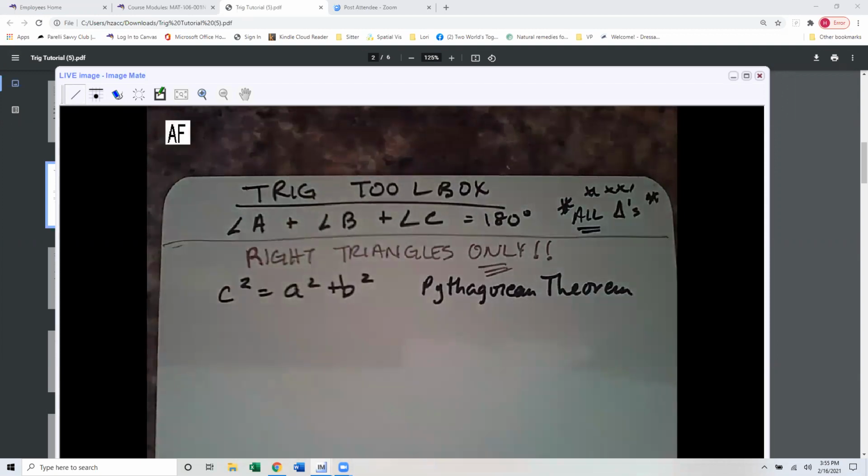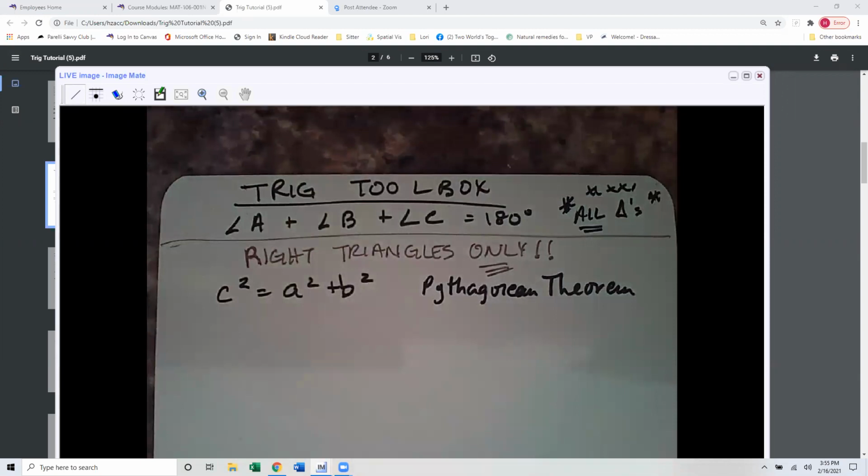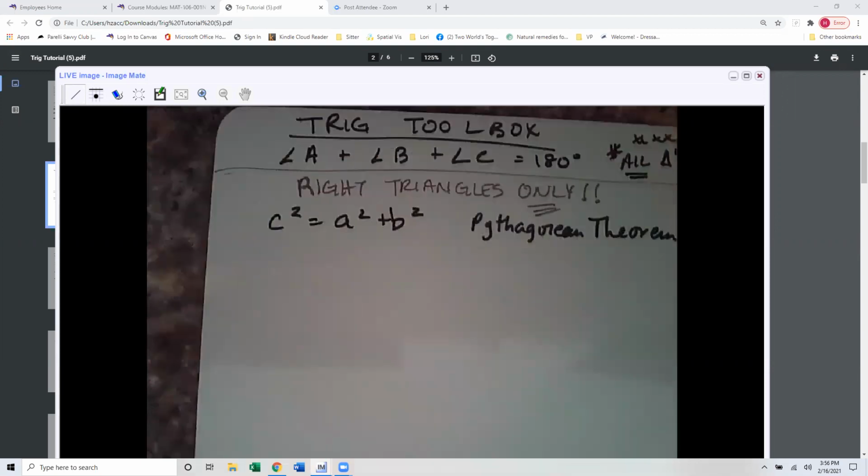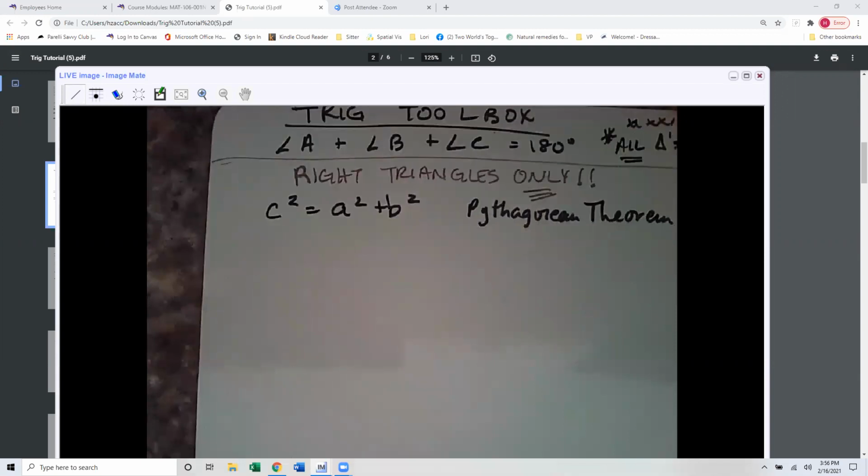Okay, so next what we have are what we call the trig functions. In a separate video, I also explain where the trig functions come from. And there are also supplemental resources from Khan Academy included in the module. All of these are really focusing on what we call the trig functions. So we have a mnemonic that you may have heard of before called SOHCAHTOA.